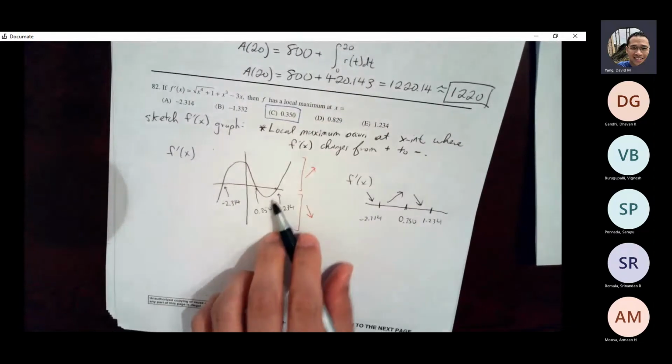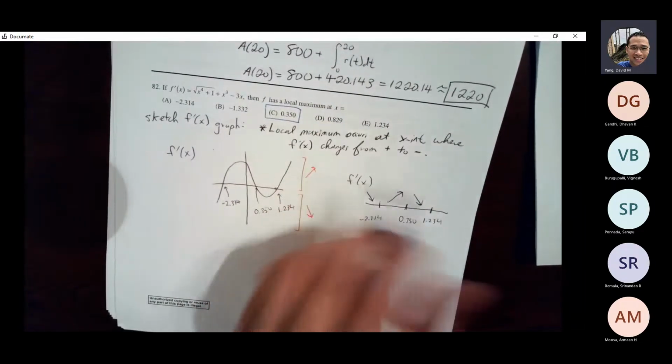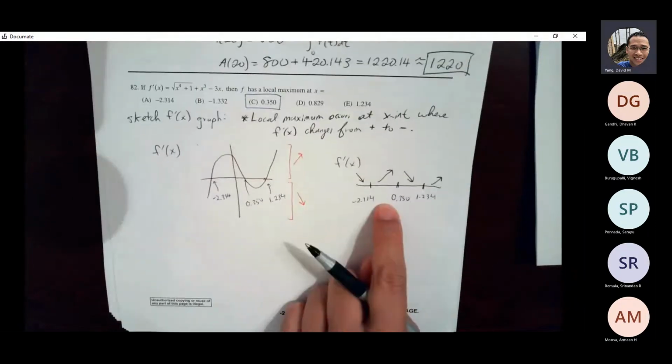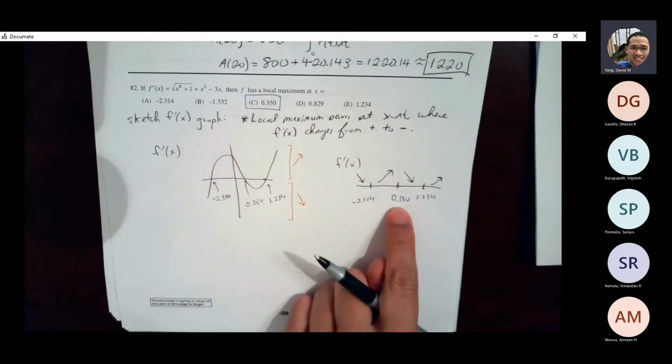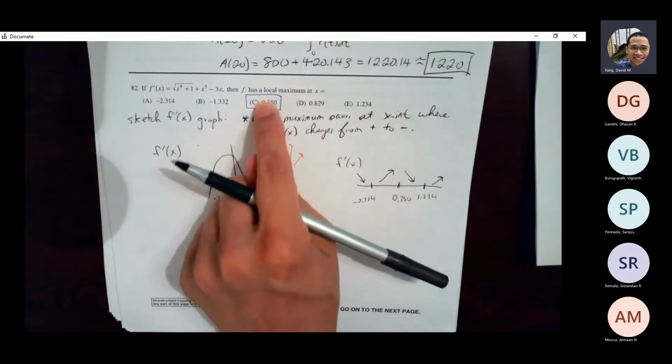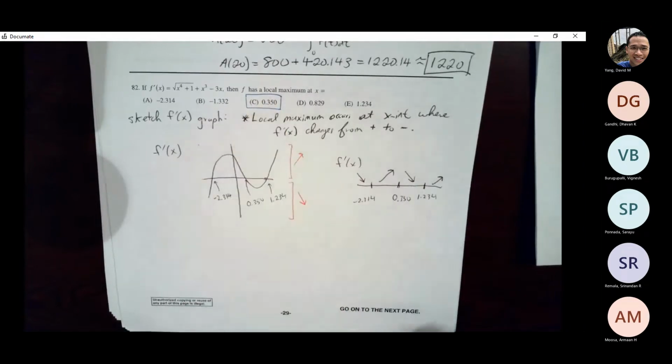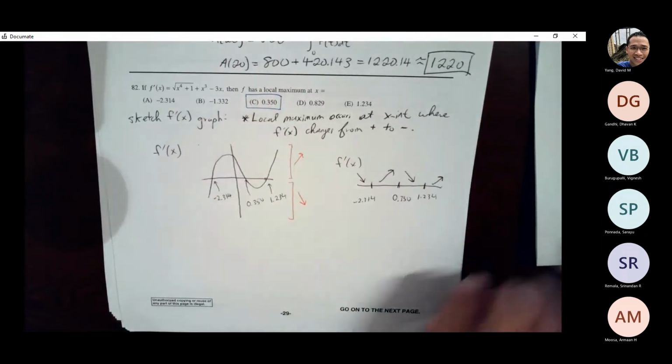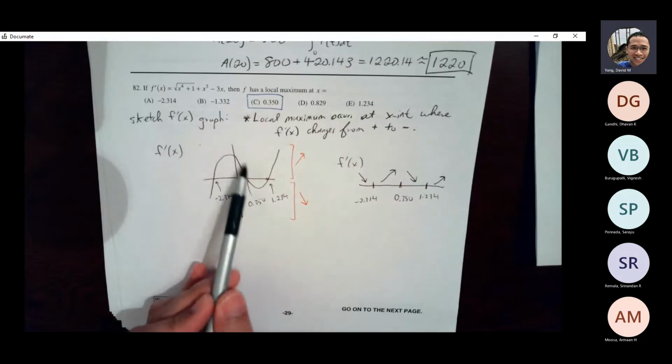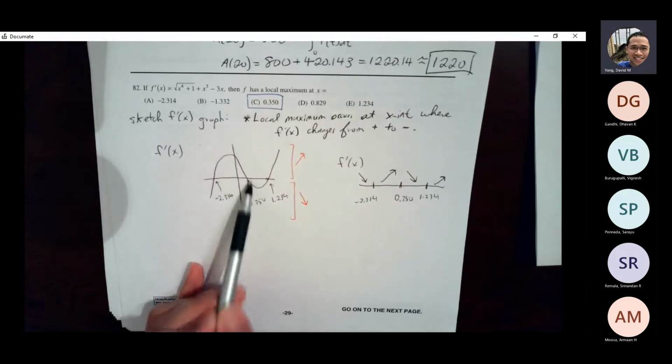And then to the right of 1.234 is above the x-axis. Relative min, relative max, relative min. The max is 0.350, because that's where f prime changes from a positive to a negative slope.